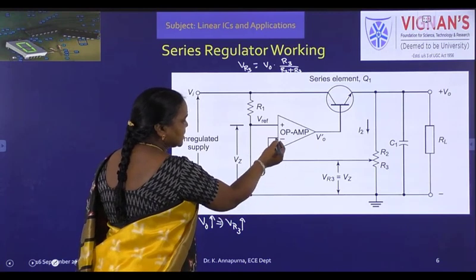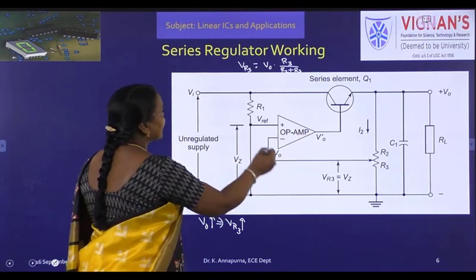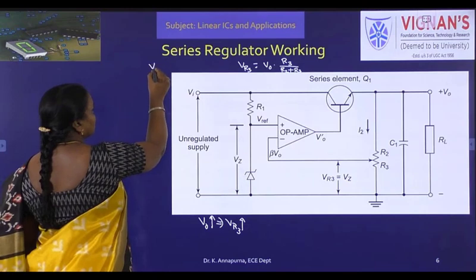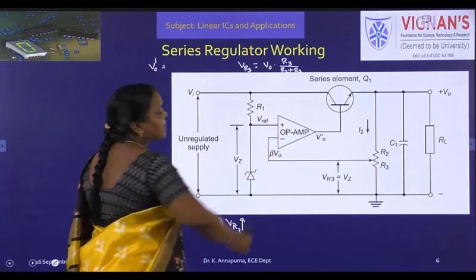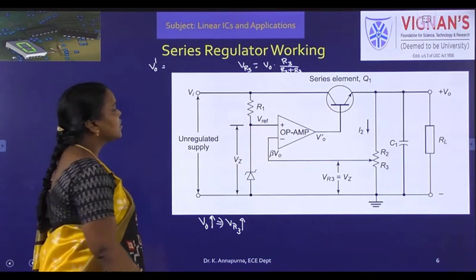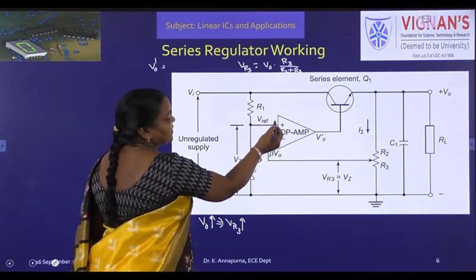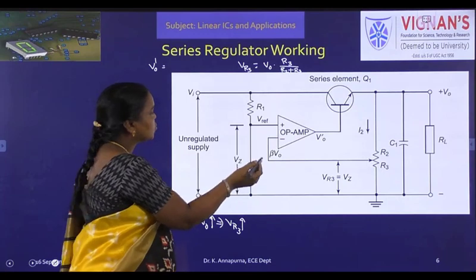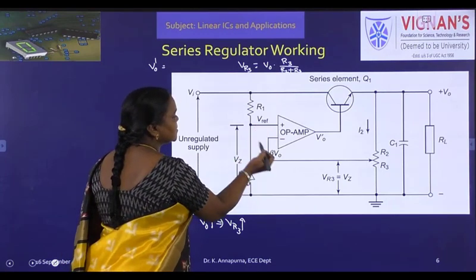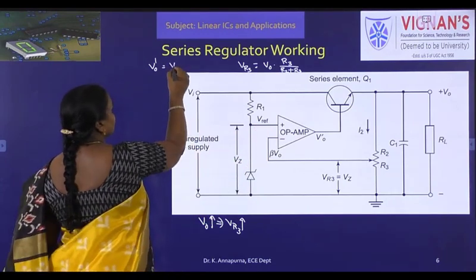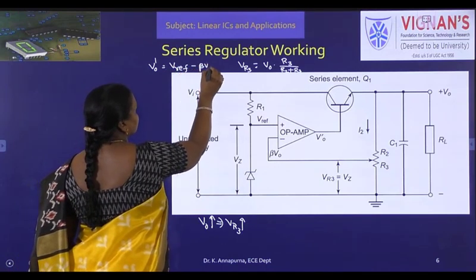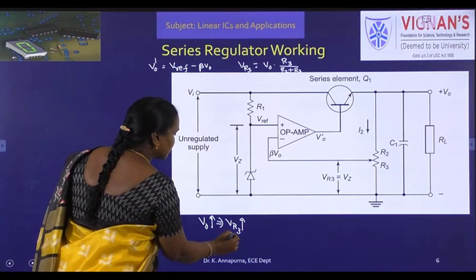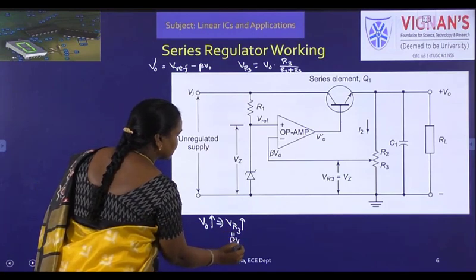Now what is V0 dash? Here the operational amplifier is operating in open loop configuration, so it takes the difference and amplifies it. The difference is V reference minus beta V0, where VR3 is nothing but beta V0.